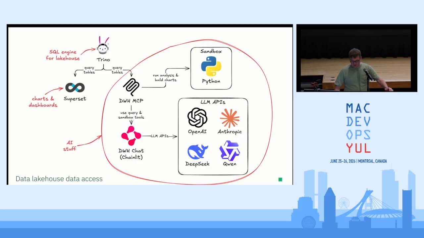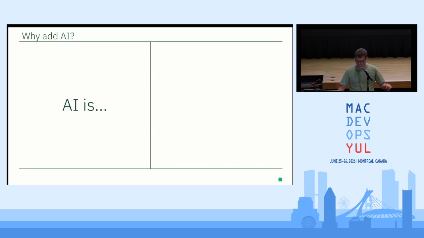And then I built an MCP server that provides tools to query Trino, but also it has an isolated Python environment where it can run just like a normal agent and build Python files to generate charts. And then this MCP server is hooked up to a chat UI I built on top of Chainlit, and you can hook into whatever your favorite LLM is.